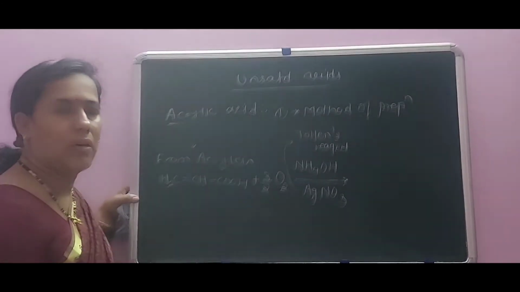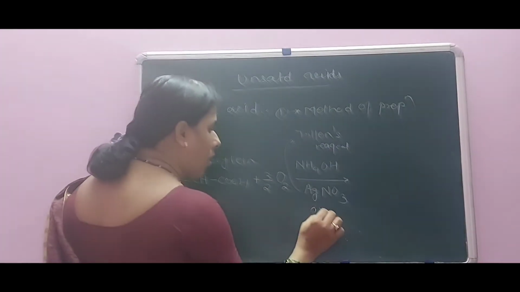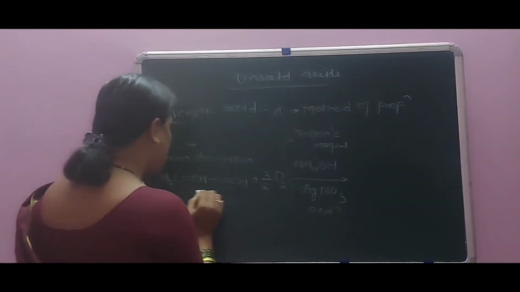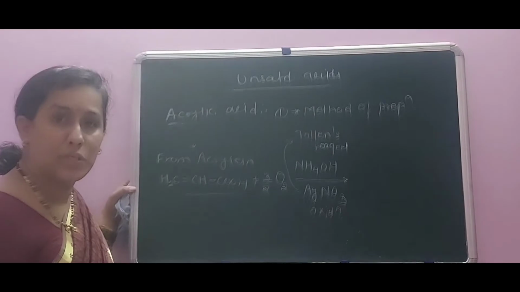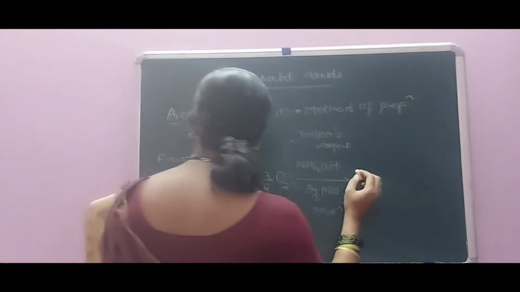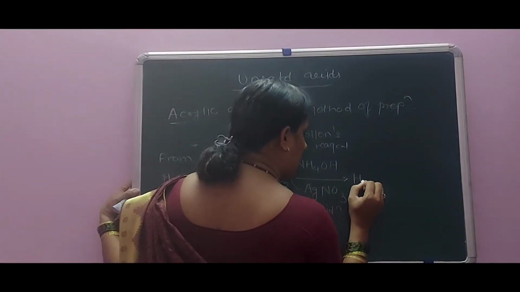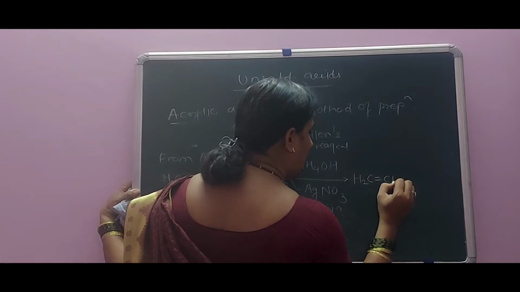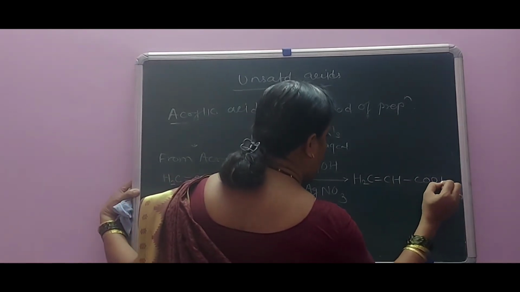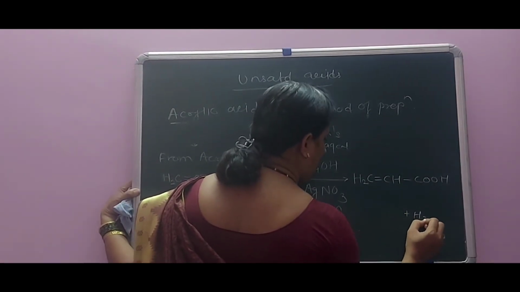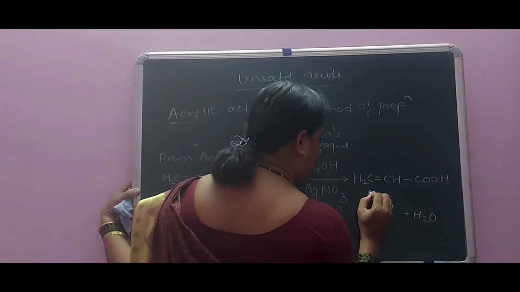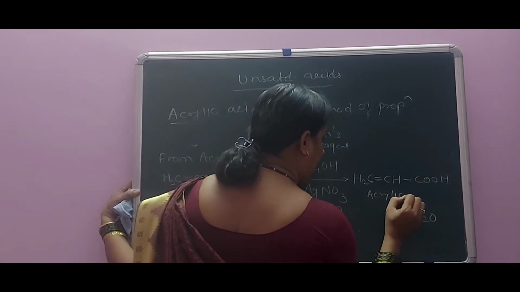Now here the oxidation of this acrolein takes place and we get the formation of CH2=CH-COOH plus a mole of water. The name of this acid is acrylic acid.